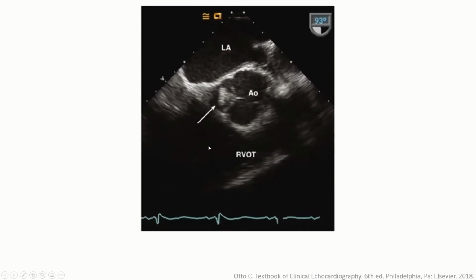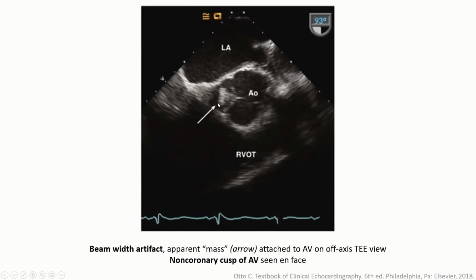This image is actually from TEE, written in Otto's echocardiography textbook. We see hyperechoic material on the aortic valve. It looks like vegetation or some mass in here, but this is actually a beam width artifact, which is actually reflecting the non-coronary cusp of the aortic valve.